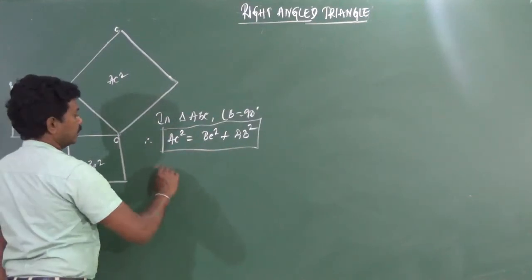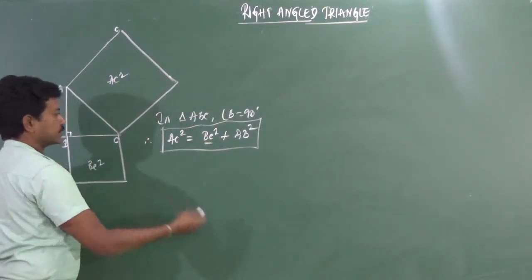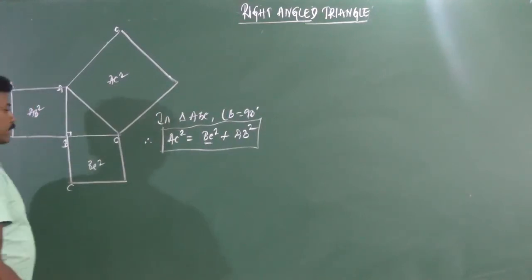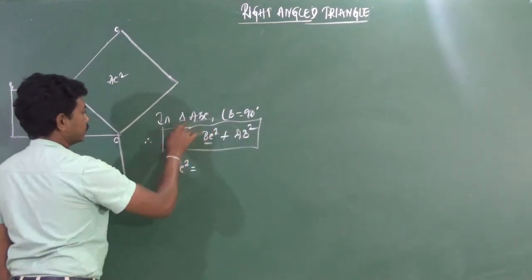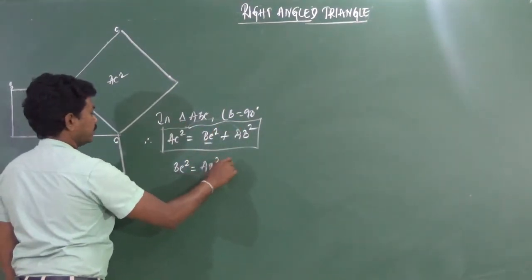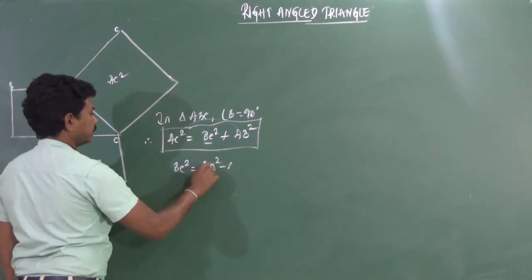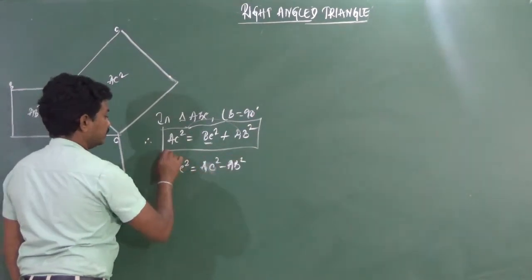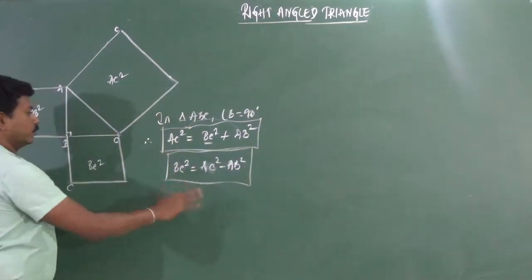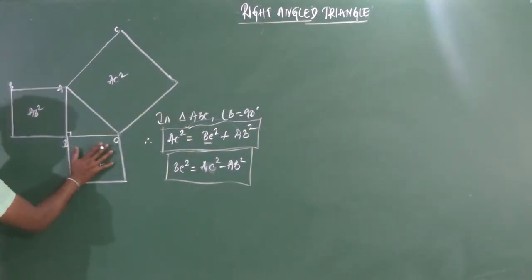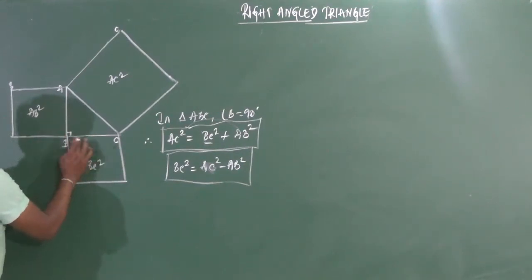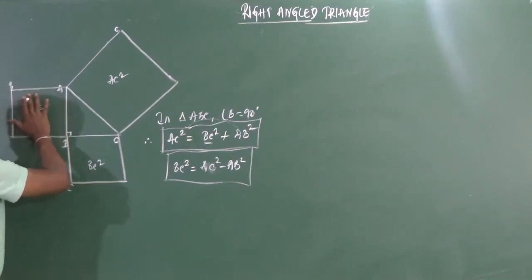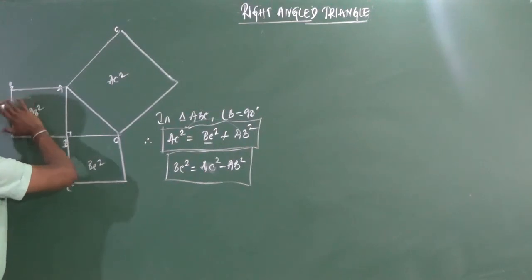So along with this, if you make BC square the subject, then BC square is equal to, you can transpose AB square to here, AC square minus AB square. So this is also true. So here what it means is, if you want the area of the square which is built on BC, then subtract the area of AB square from AC square.